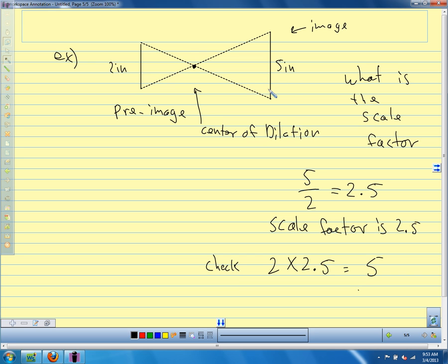So the 5-inch segment is 2.5 times longer than the 2-inch segment. So our scale factor is 2.5. We made it 2.5 times bigger. Questions?